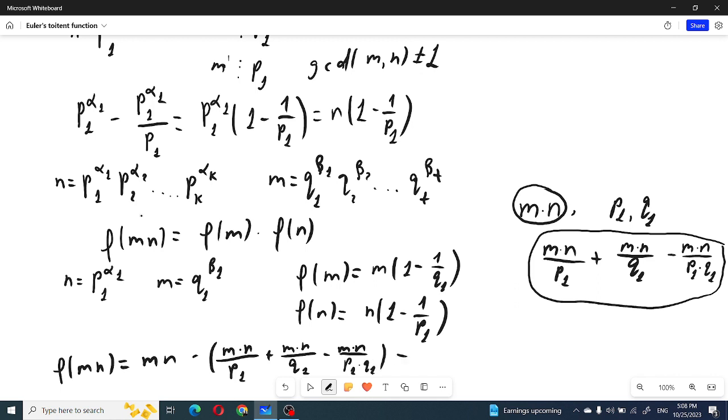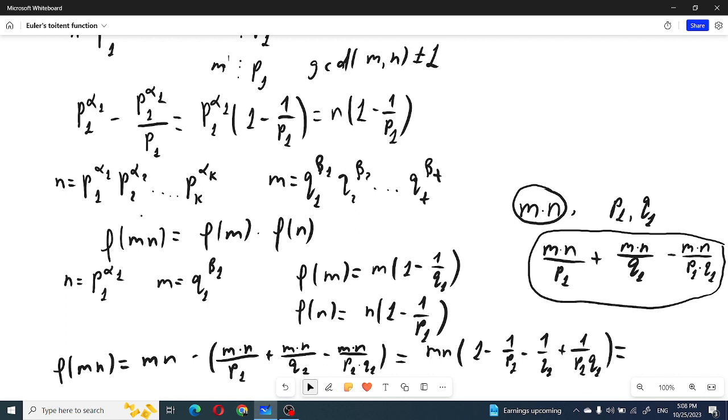And if we expand this, we get mn times (1 minus 1 over p1, minus 1 over q1, and then plus 1 over p1 times q1).